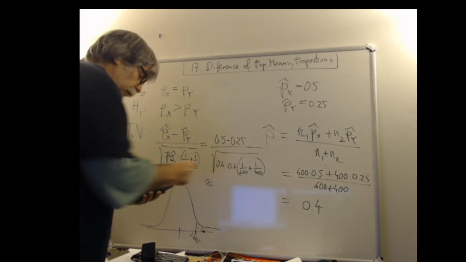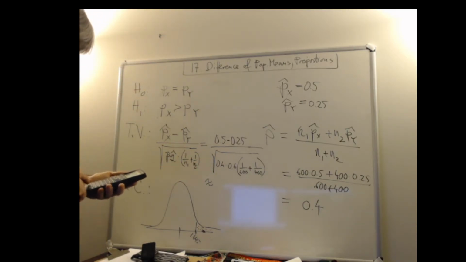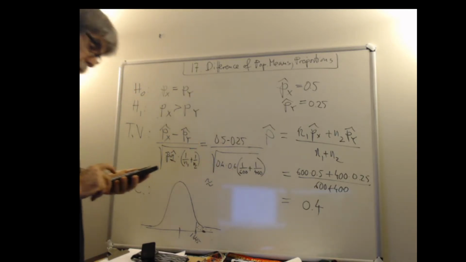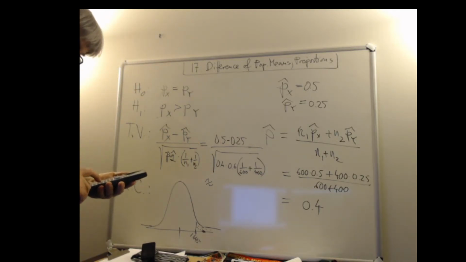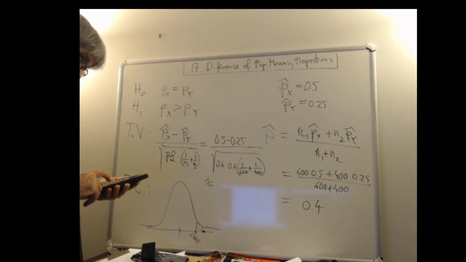Then I have to multiply with 0.6, then multiply with 0.4. I get 1,000, and then I have to take a radical. I got some really small number.